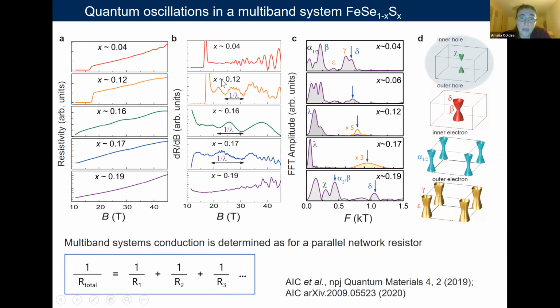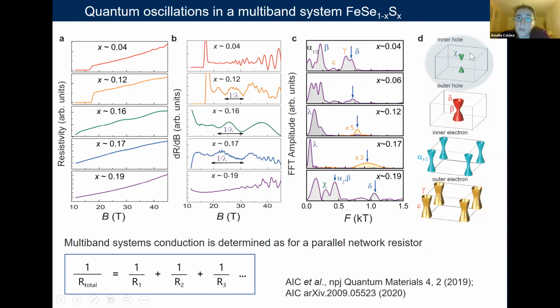What we can see in the data, this is the derivative to enhance the frequency spectrum, is that around 12% a very low frequency seems to dominate our spectrum, and then this low frequency disappears. At the same time, we can easily follow the high frequency components. Delta is the extremal orbit on the hole band, which I'll focus on today. As a function of chemical pressure, this band position goes to higher and higher frequency, which means this pocket increases in size.